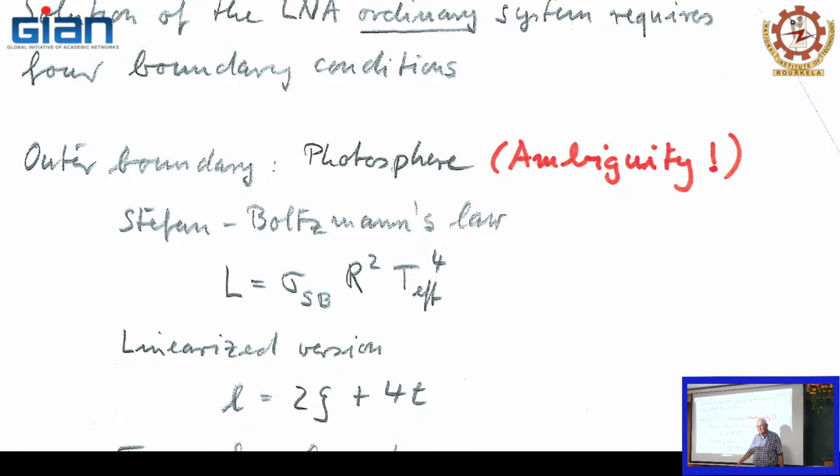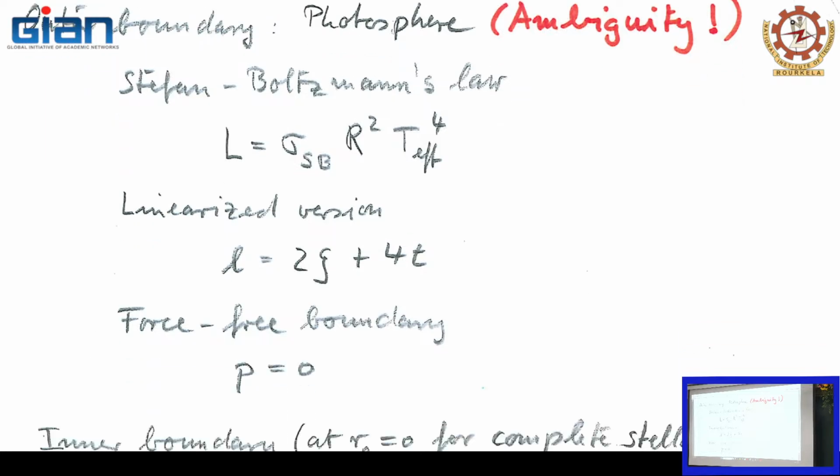If we linearize this boundary condition, this gives the relative luminosity perturbation as 2 times the relative Lagrangian displacement plus 4 times the relative Lagrangian perturbation of the temperature.